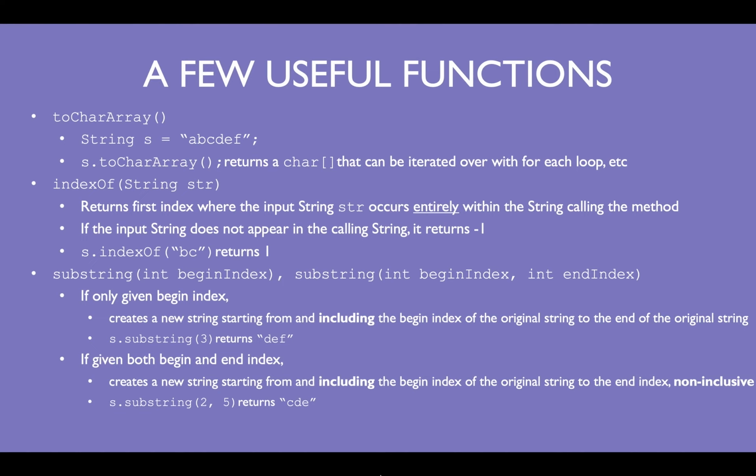And the fifth index is 0, 1, 2, 3, 4, 5, which is F. But we do not include F. So we have everything from C, D, and E, and not including F, and s.substring(2, 5) returns CDE.